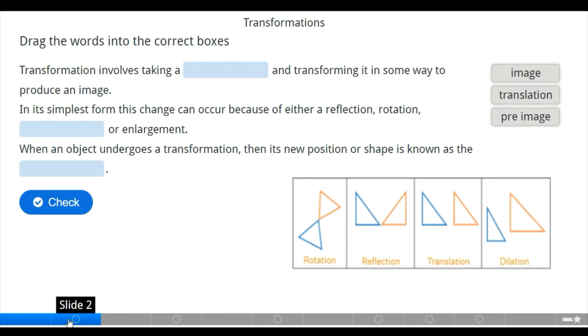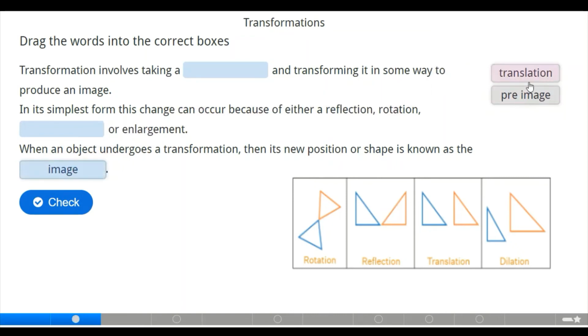In its simplest form, this change can occur because of reflection, rotation, translation, or enlargement. When an object undergoes transformation, its new position or shape is known as the image.